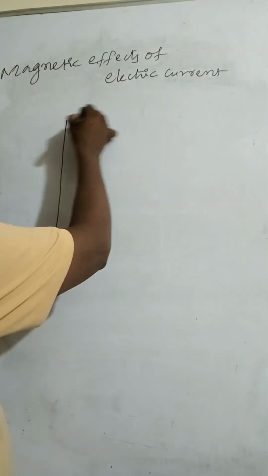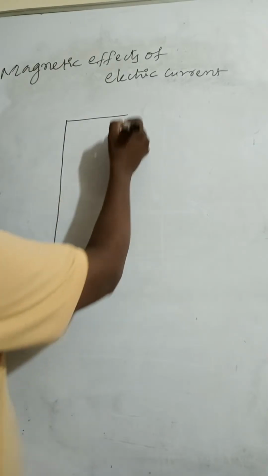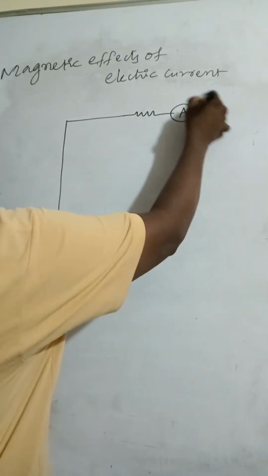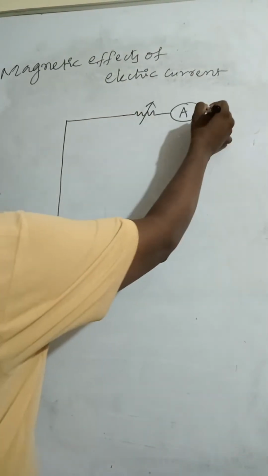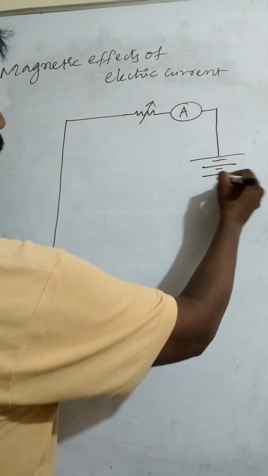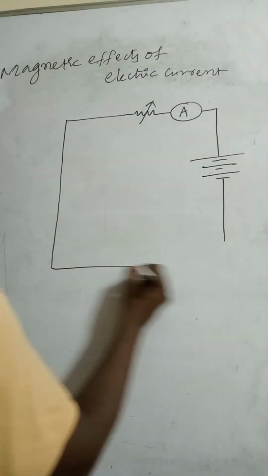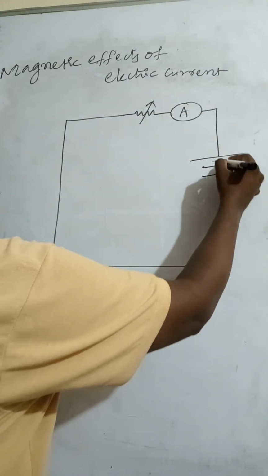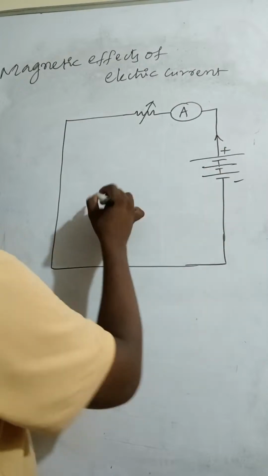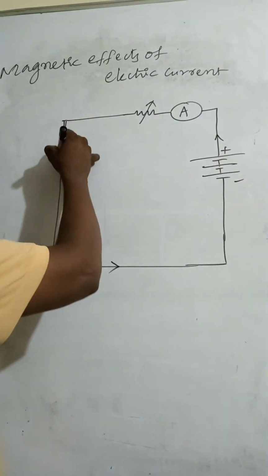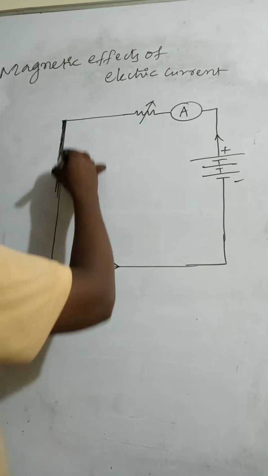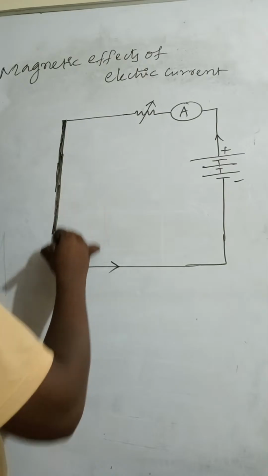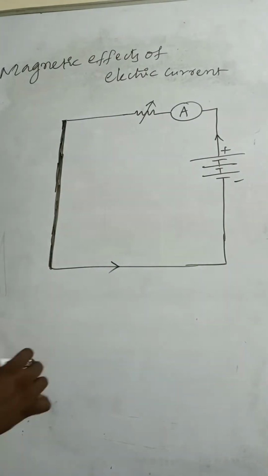Here we have a rheostat and ammeter, and a battery. Now the current is passing, positive, negative. This is a straight conductor.